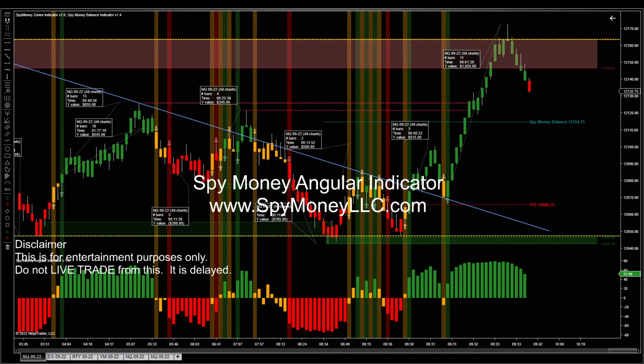But I think it's going to come back to the balance and then bounce and go long. So I would not take that long right there. It may be a good long, but I think it's going to come back to the balance.